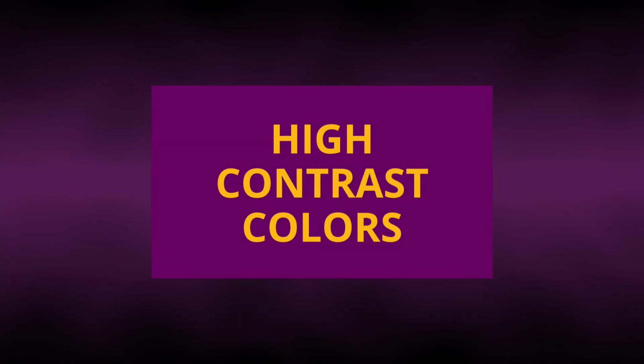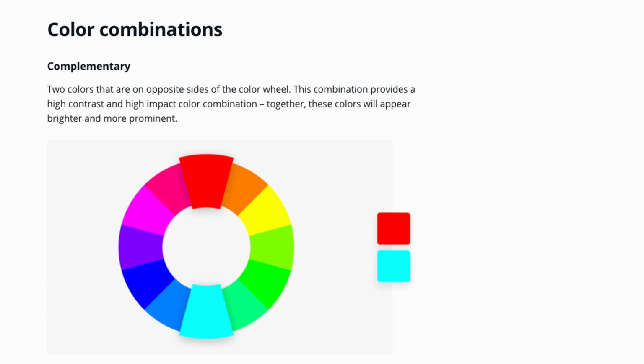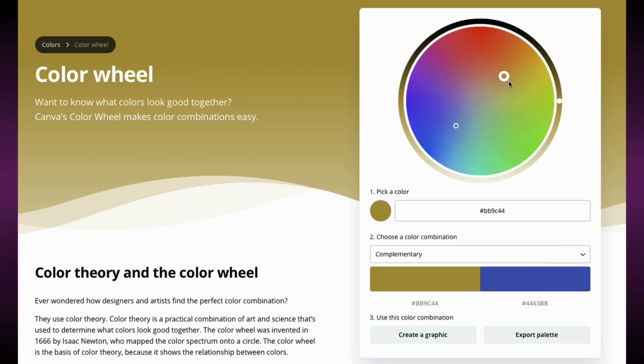So you want to use high contrast colors. High contrast colors are on the opposite end of the color wheel, typically, although you don't always have to do that. But high contrast colors are typically light versus dark, bright versus pastel, right? So you want to look at a color wheel and pick colors generally from the opposite end, and make them high contrast.